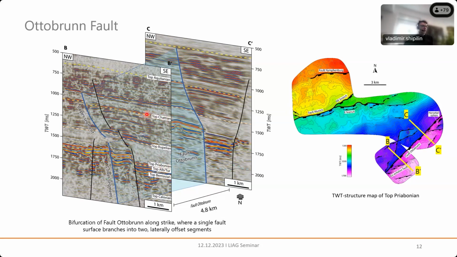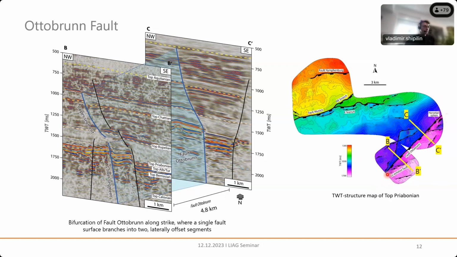Another interesting feature that the fault Ottobrunn system possesses is that, unlike fault Munich or fault Nymphenburg, it is not oriented parallel to the strike of the Alpine orogen or to the basin axis, but rather in an oblique direction, basically south-southwest to north-northeast.